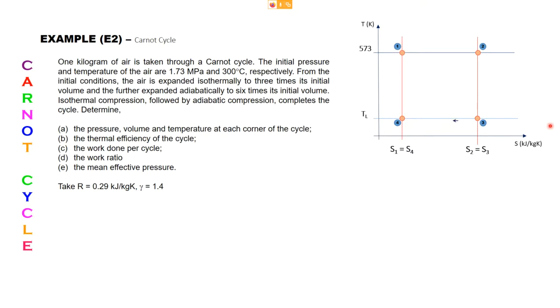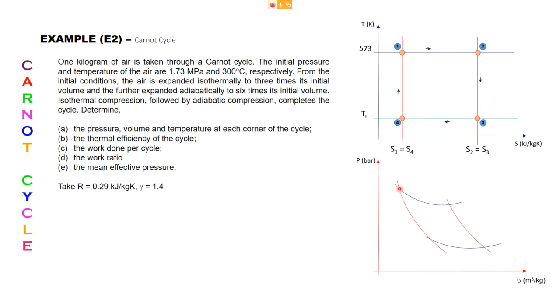Then on the PV diagram, both of these are the isothermal lines, and both of these are the isentropic lines. So your point 1, isothermal expansion should be here.